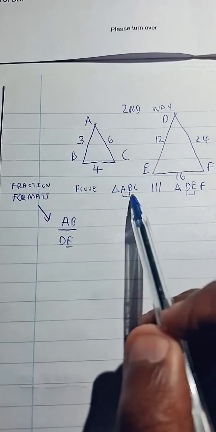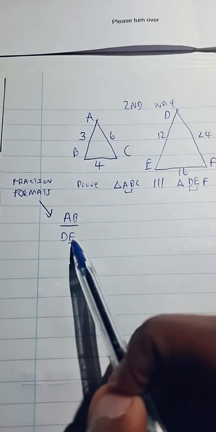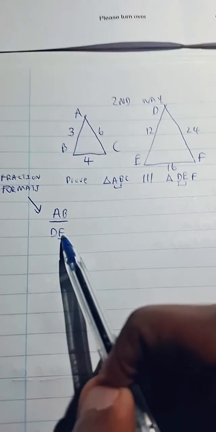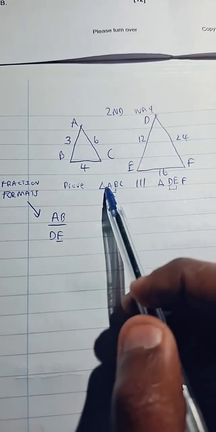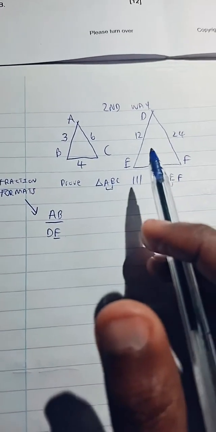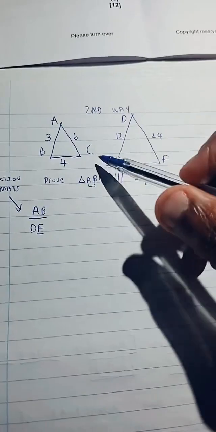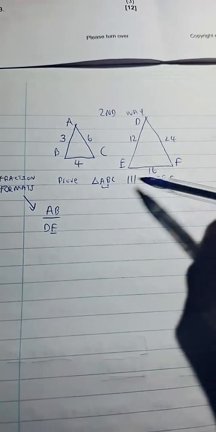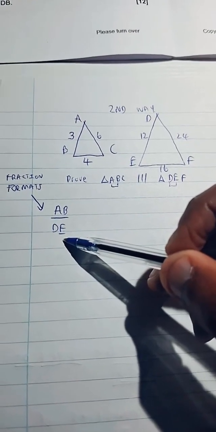Now someone is going to ask, sir, how do you know AB must be at the top, DE at the bottom? In actual fact, you can have DE at the top and AB at the bottom. But you must move in the same direction. If you are going to say AB over DE to start with, then please continue in that direction.